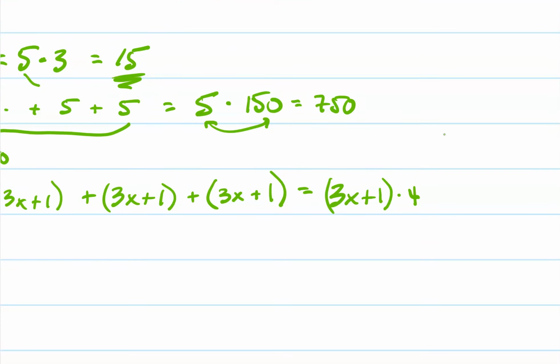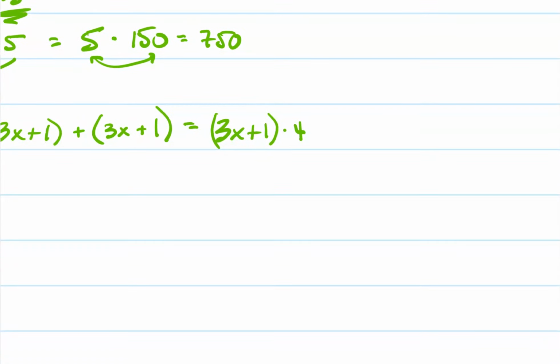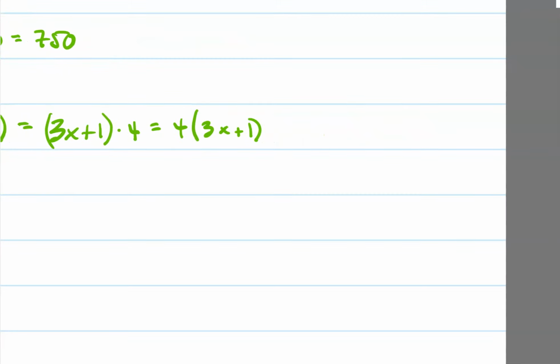That's the commutative property of multiplication. So if it makes you feel a little bit better, we could write it this way: 4 times 3x plus 1. And from here, you might recognize the distributive property over multiplication. And this 4 times 3x turns into 12x, and the 4 times 1 turns into 4.